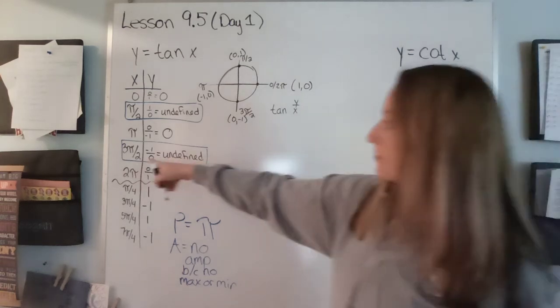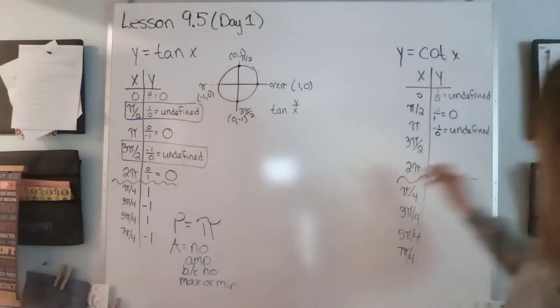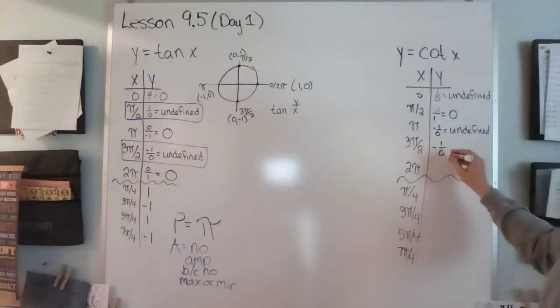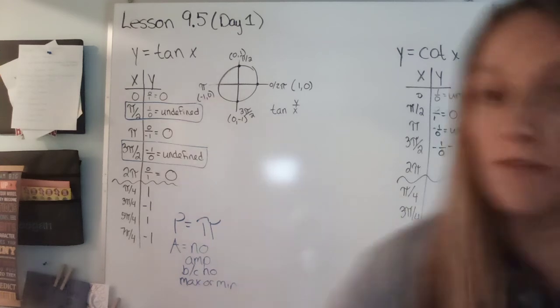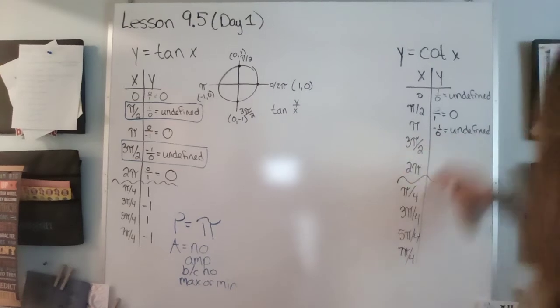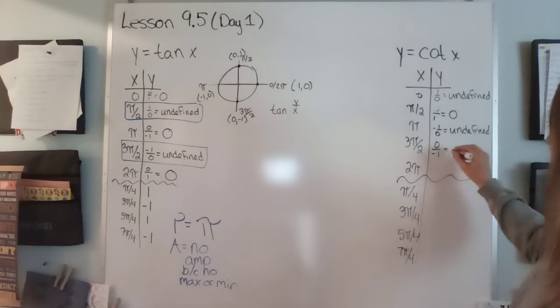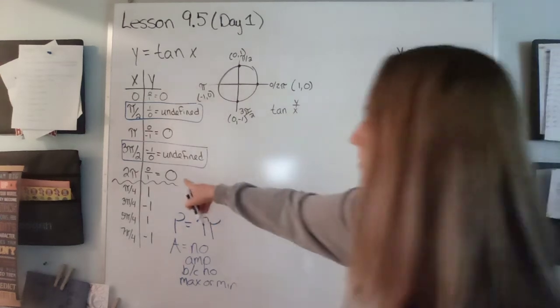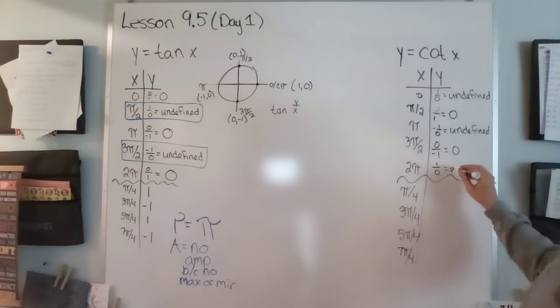Then I'm going to have 3 pi over 2, which gives you the ratio of negative 1 over 0, which is, oh, did I make a mistake? Sorry. I wrote the same thing. I didn't flip it. I didn't get the reciprocal. Sorry, it should be 0 over negative 1, which is 0. And then the last one is 1 over 0, which is undefined.